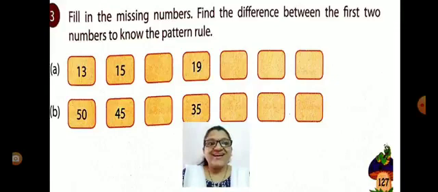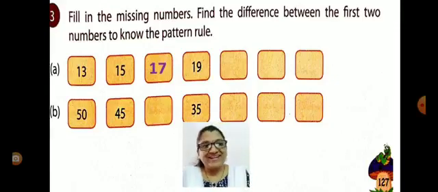Hence, here the pattern rule is add 2. So, what will be the next number after 15 in the given box? For that, we have to add 2 in number 15. So, count up to two numbers after 15, that is 16, 17. So, the next number will be 17.